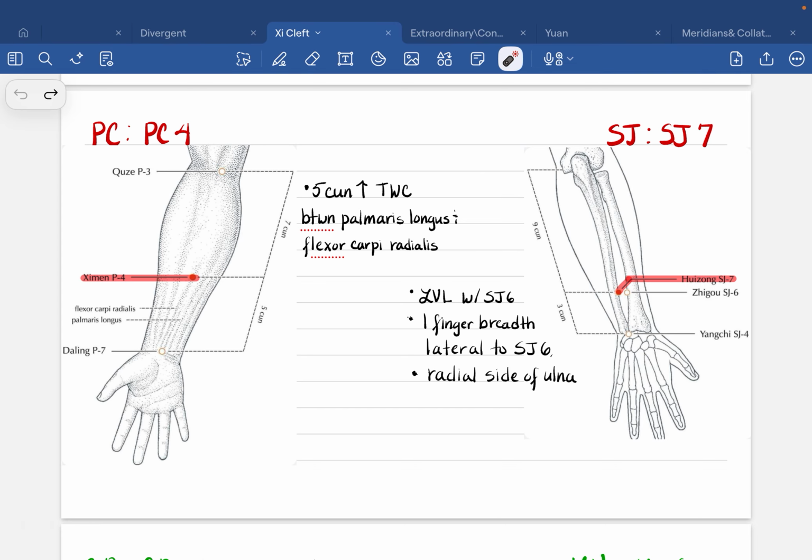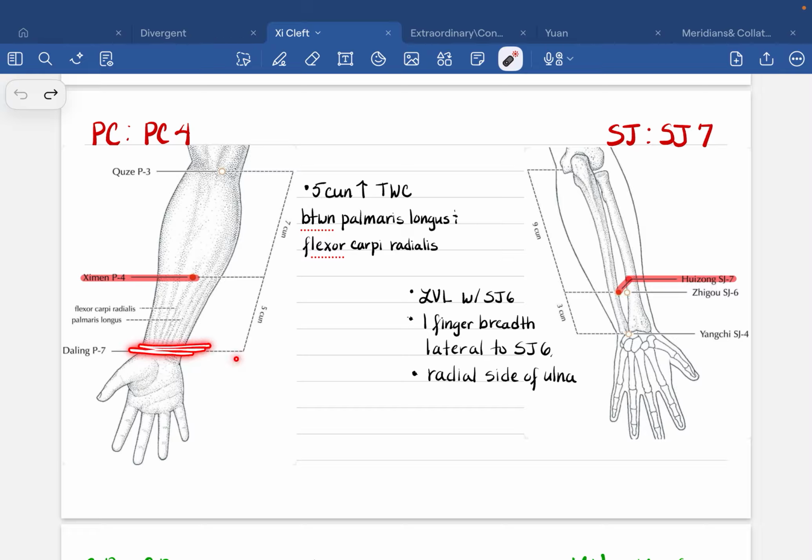Now for PC, the xi-cleft is PC4, and the xi-cleft for Sanjiao is Sanjiao 7. So PC4, the xi-cleft, is 5 cun up from the transverse wrist crease.